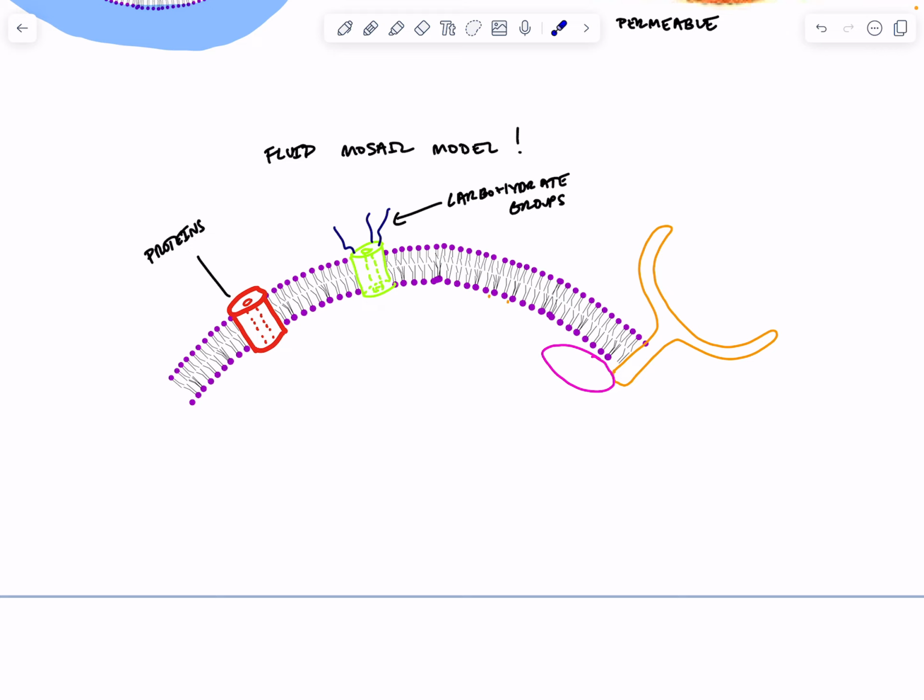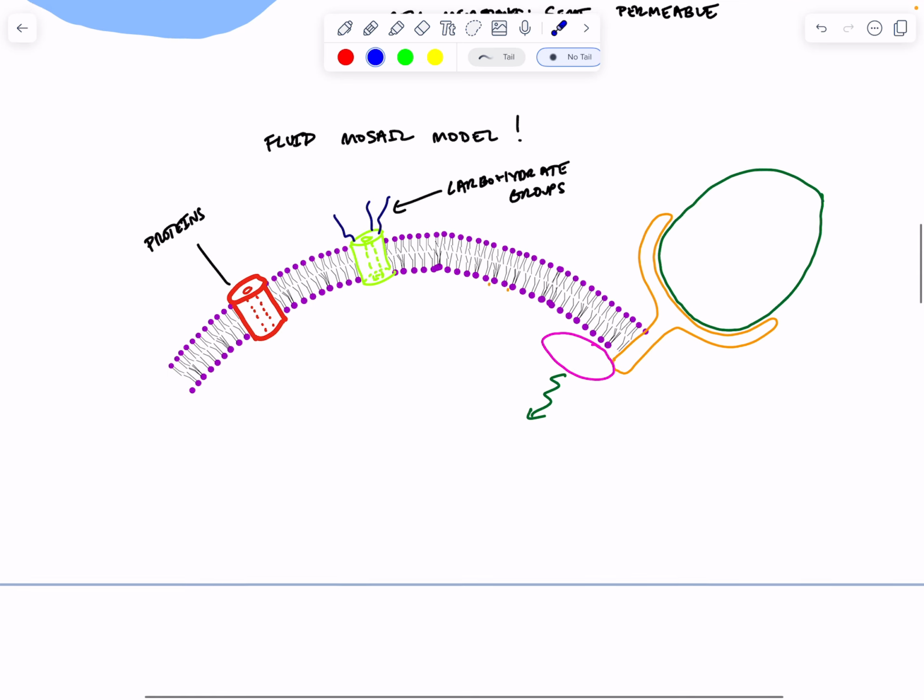The other thing that might be present in a cell membrane is a signaling molecule. It's going to bind a substrate on this side of the cell, and then a piece of another enzyme inside of the cell is going to break off and go do something inside of the cell.